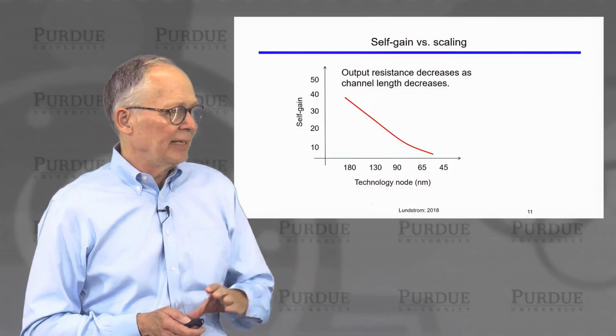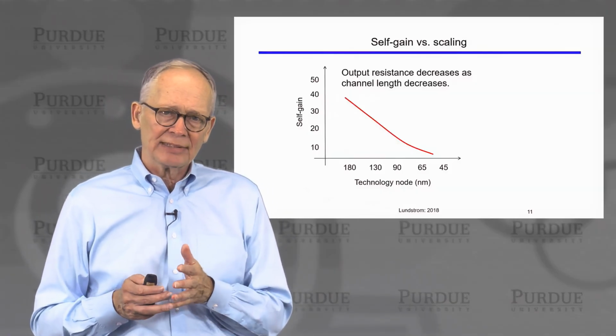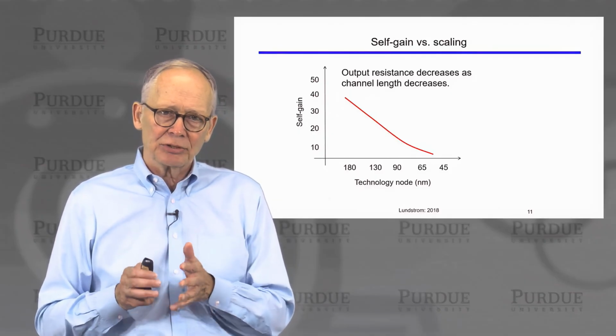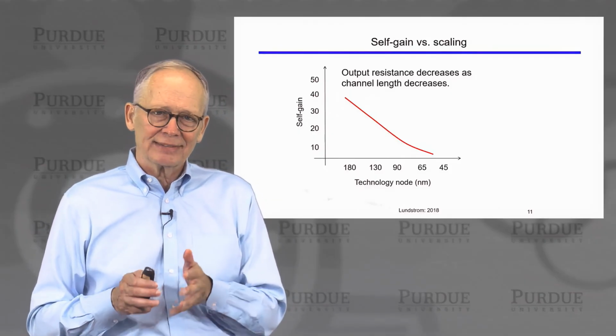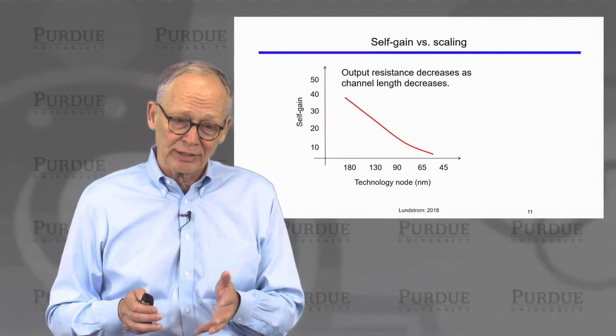Now, if we look at self-gain versus scaling, one of the things that we will find as we understand transistor physics a little more is that when we make the channel length shorter and shorter and shorter, the output resistance gets smaller and smaller and smaller. So the self-gain gets lower and lower and lower.